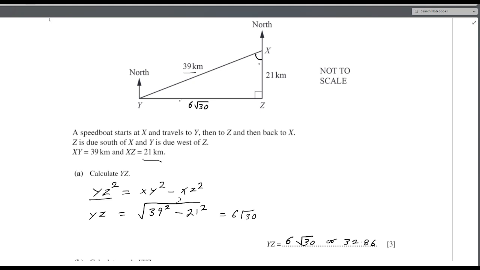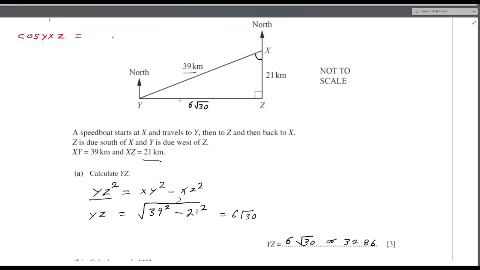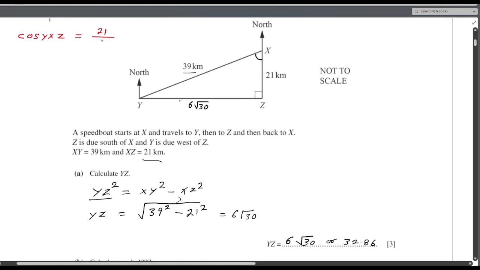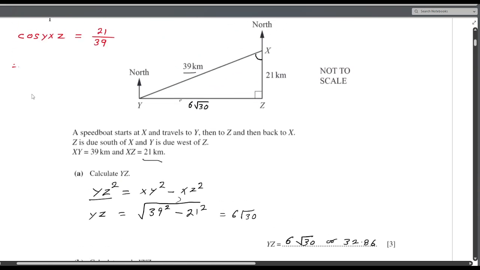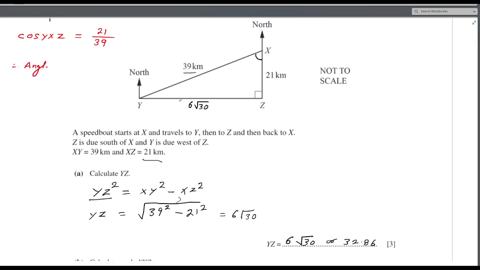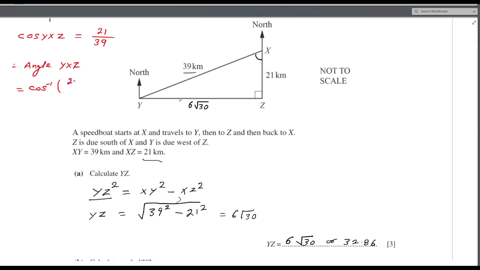As this is a right angle triangle, I can say that cos of YXZ will be equal to adjacent divided by hypotenuse, which is 21 divided by 39. Therefore angle YXZ will be equal to cos inverse of 21 divided by 39.